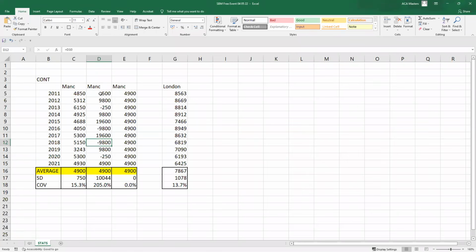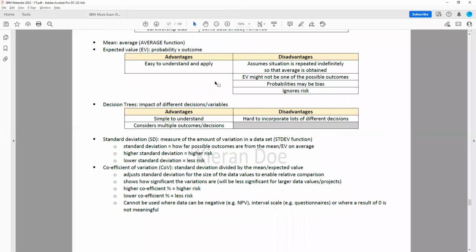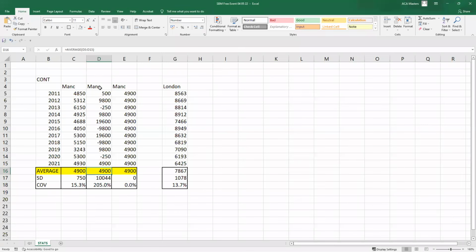So you can see there could be much greater variation in a data set and still end up with this as an average. That's why it's important to look at the variation in the data, as this will indicate the risk. Obviously, if this is the underlying data, there's much more risk here than if this were the underlying data.